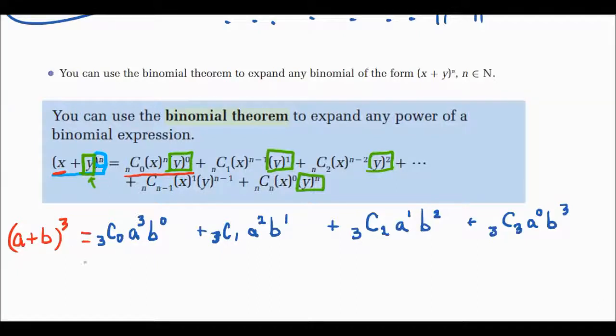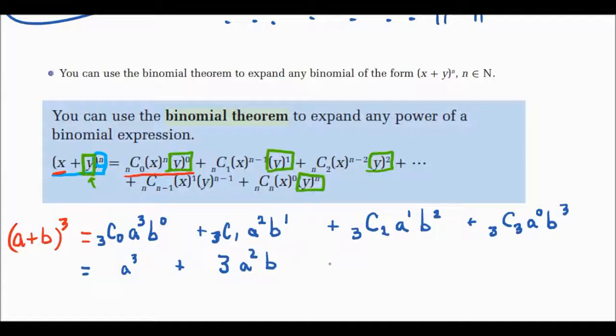All right, so we simplify this. And 3 choose 0 is 1, a cubed. And b we don't have to write. As a matter of fact, you don't have to write the 1 either as a coefficient. Plus 3 choose 1, we said was what? 3 a squared b.